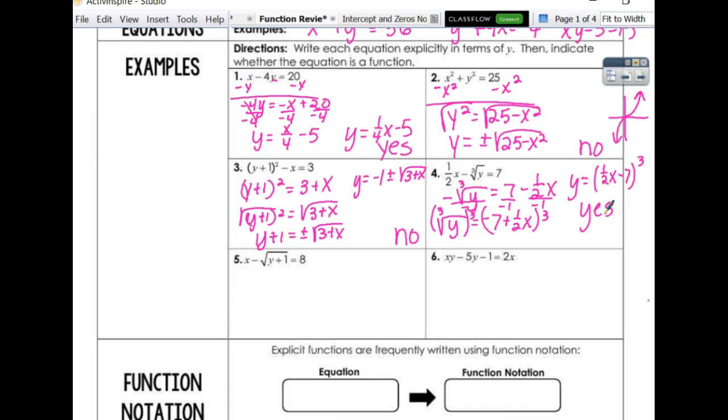So if I look at that, what's the minus 7? Which way does that shift that function? Shifts it right 7. And the 1/2, we would have to divide out the 1/2 from in front of the x, and that ends up being our b value. And when I divide out the 1/2, it would be a horizontal stretch then. Okay?